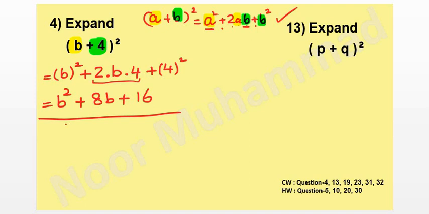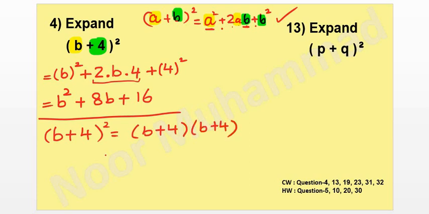Suppose if a student does not know the formula, how can the student solve this question? First, the student will write it as 2 brackets, b plus 4 times b plus 4, right? Then the student will multiply it normally. He will expand it normally. Like b will be multiplied with b, then b will be multiplied with 4.